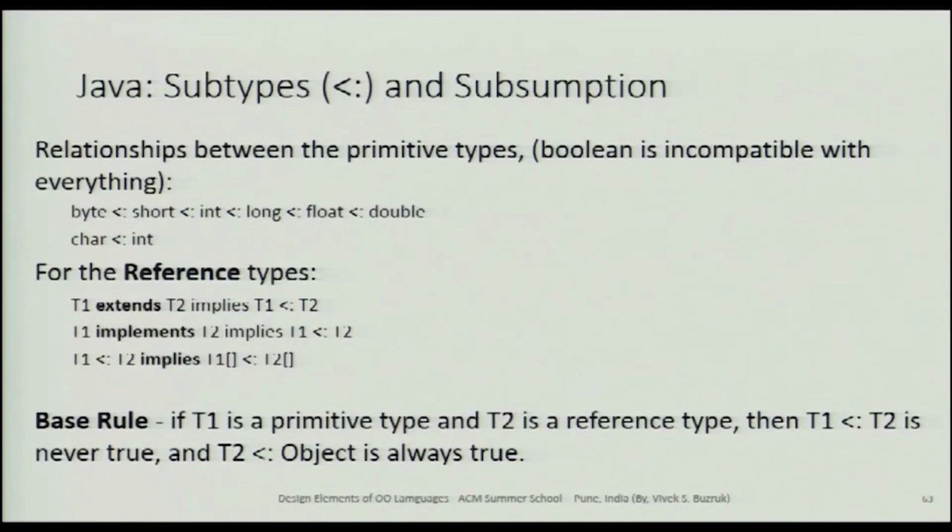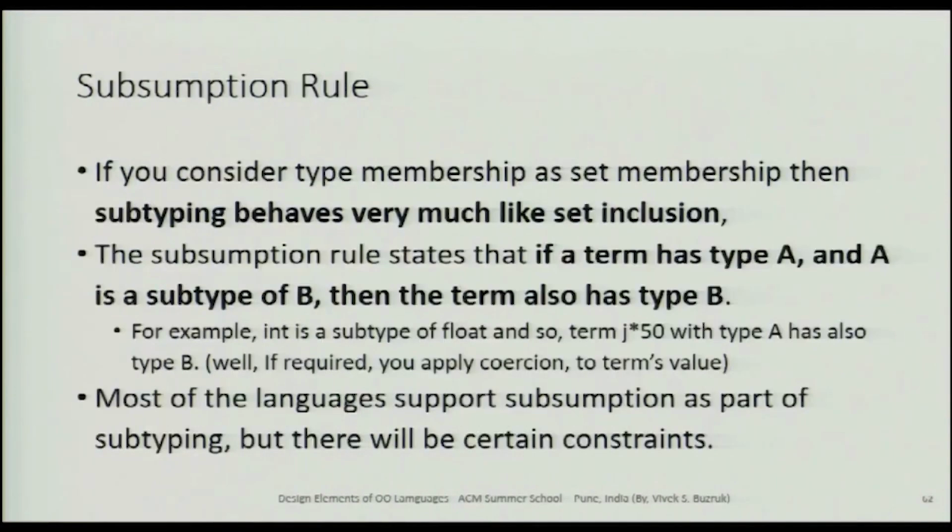So T1 is a subtype of T2, up to this point is fine. We have already said T1 array is a subtype of T2 array, correct. List of T1 is not a subtype of list of T2. So that is subsumption.